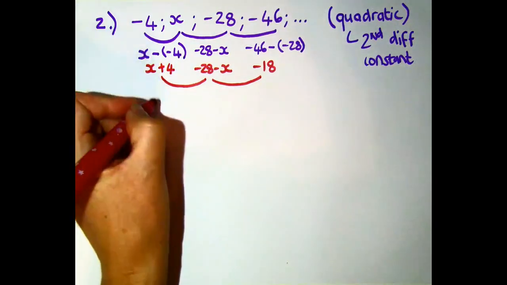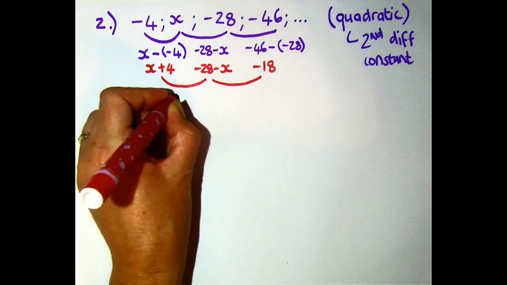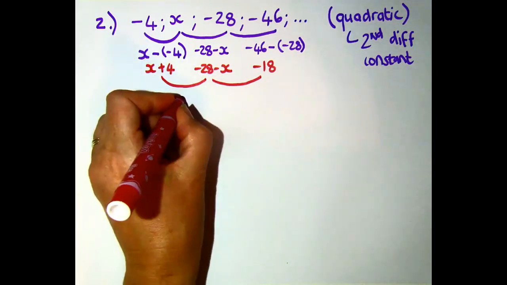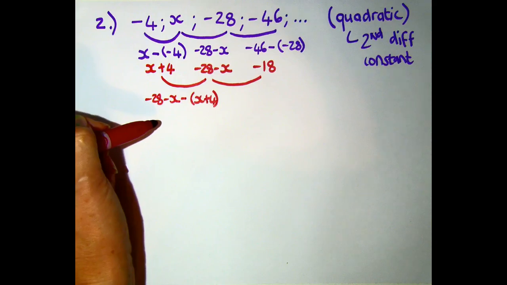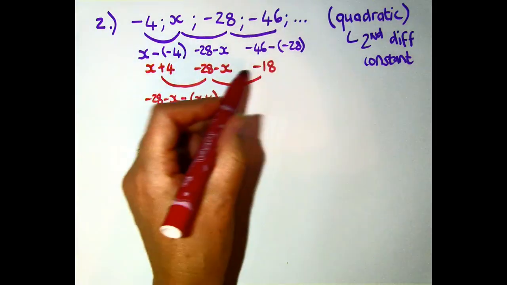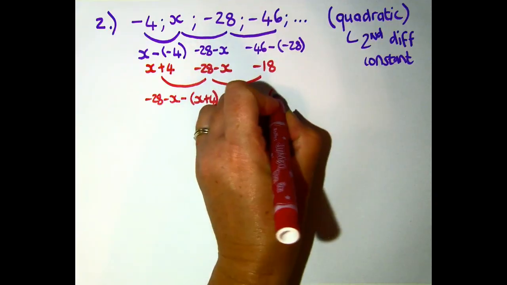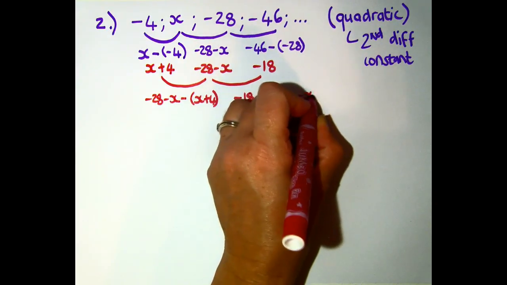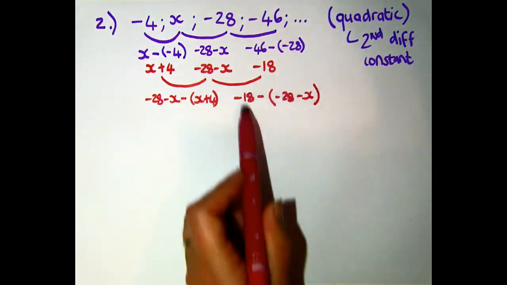So now, I know that negative 28 minus x minus that whole thing, I'm putting brackets because otherwise I'm going to get something wrong, that's going to be the same as this one here, which is negative 18 minus negative 28 minus x.